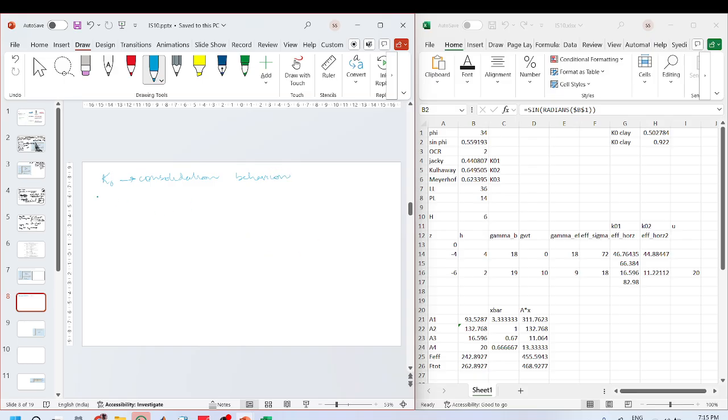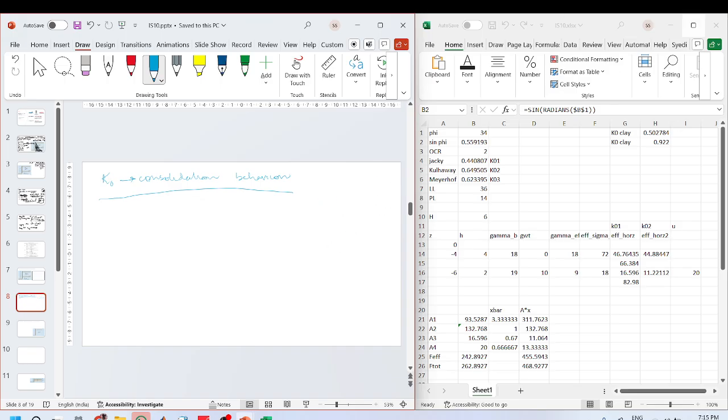So basically, what is going on during consolidation, that itself is called the K-naught condition.